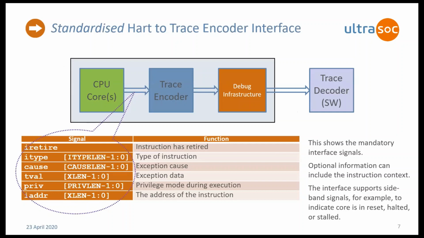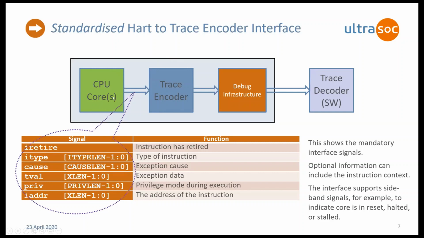When we say standardized processor trace, the RISC-V Foundation has recently ratified the processor trace specification, and within that specification there are two main parts. The first part defines the hardware interface between the CPU core, such as, for example, SweRV, and a trace encoder IP.